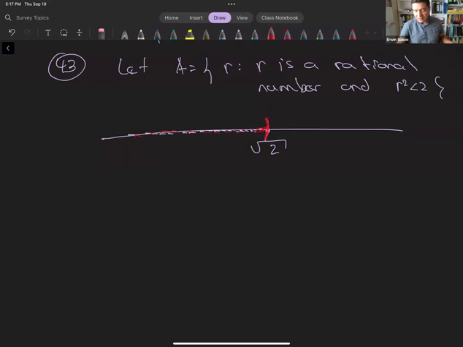They are dense in the real numbers. So what is interesting about this exercise is that you need to prove that A has no larger member.